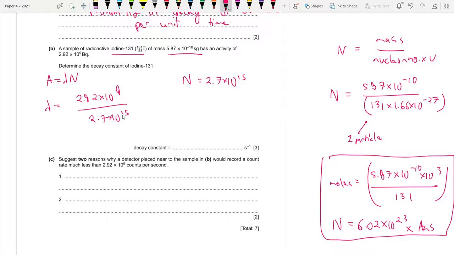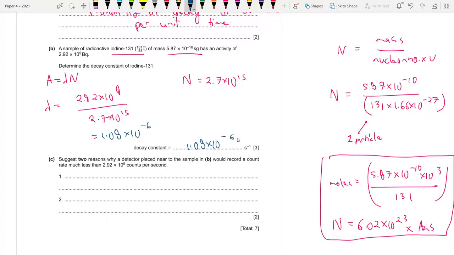It's giving me a value of two significant figures, 1.1 into 10 to the power minus 6, 2SF. But wait, our data is given to 3SF. So we should also opt for a 3SF answer. So we should write 1.08 into 10 power minus 6.